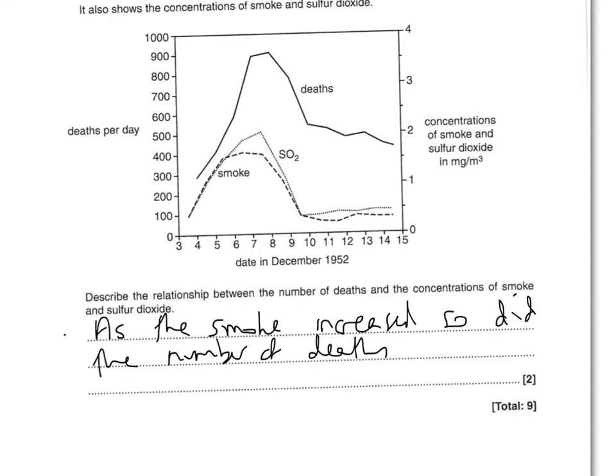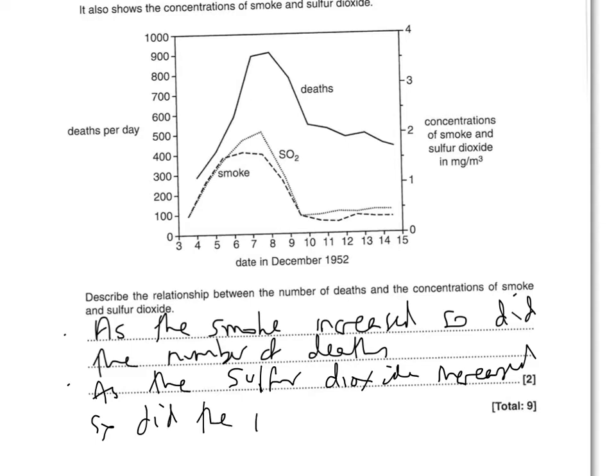So you can see also as the sulfur dioxide increased, the number of deaths increased. So there's your 2 marks, linking the smoke to the deaths and then the sulfur dioxide to the deaths.